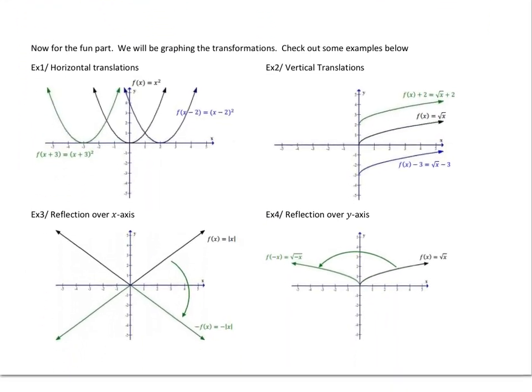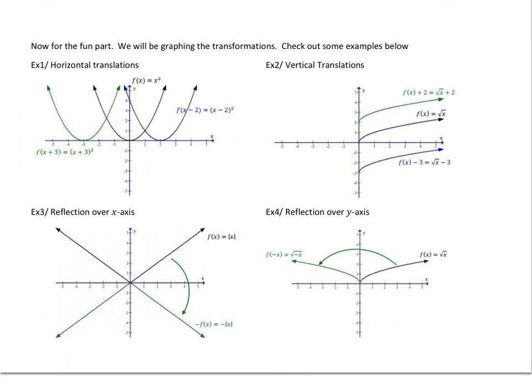So moving on, the graphs. You can see that when we have horizontal translations, it is quite literally just taking this center graph, even with the points that we mentioned earlier, -1, 1, -2, 4, 0, 0, +1, +1, and +2, +4.